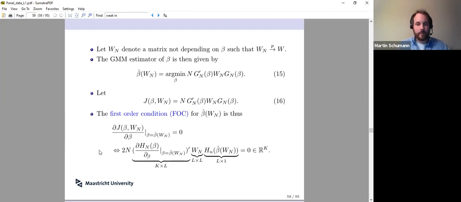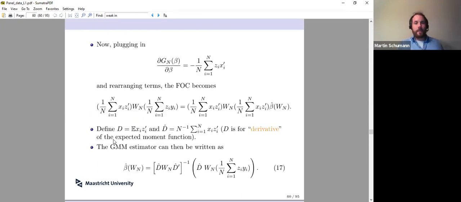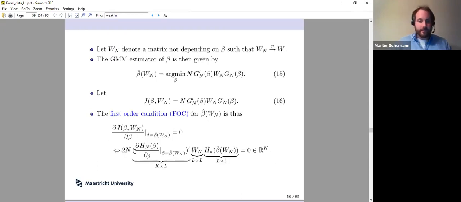Now we have this general expression, but of course, we also have a model. This should actually be G_n, this should be G_n. I will change that also before I upload the slides. We actually have these expressions: we have the derivative of G_n and we know what G_n looks like.